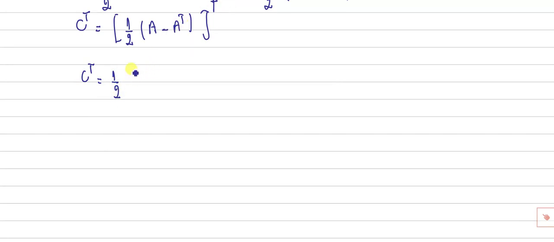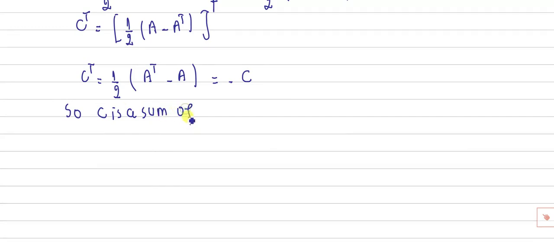So I can write directly at this point A transpose minus A transpose, transpose is A. So it is equal to minus C. So C is a skew symmetric matrix.